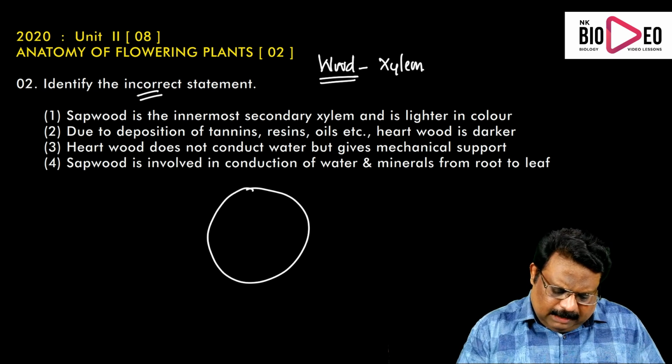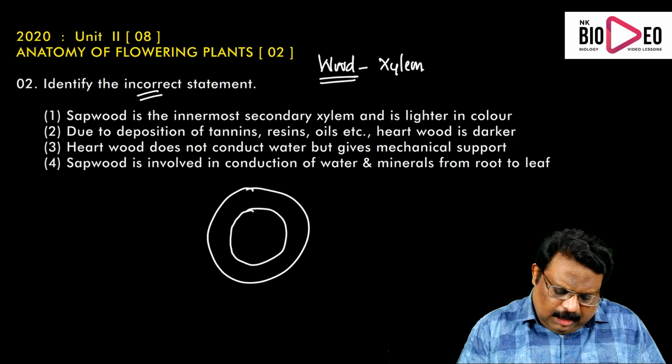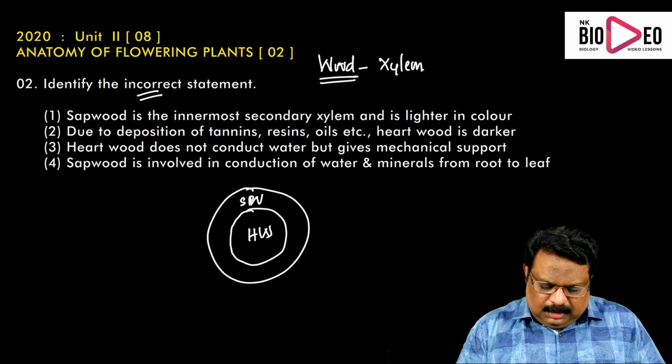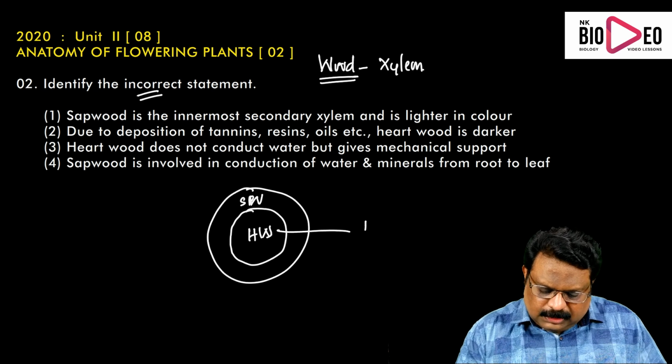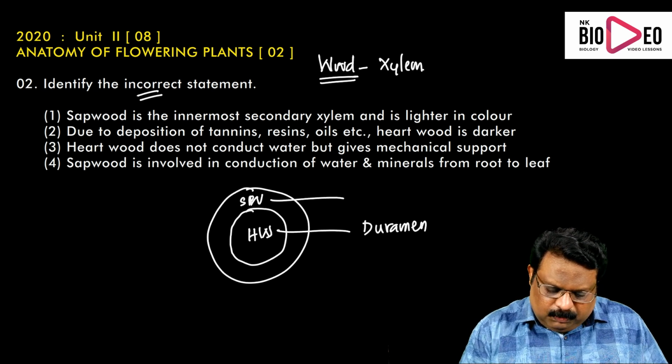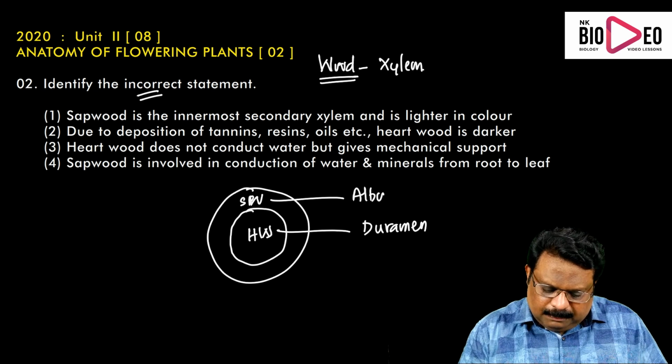Suppose this is a xylem. The centrally located area is called heartwood. The peripherally located area is called sapwood. The heartwood is otherwise called duramen. The sapwood is otherwise called alburnum.